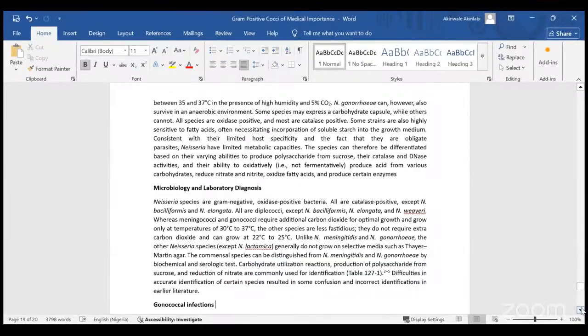You can see the strep pneumo is oxidase negative. The Neisseria are oxidase positive. They are also catalase positive, except the non-important ones, Neisseria bacilliformis and Neisseria elongata.